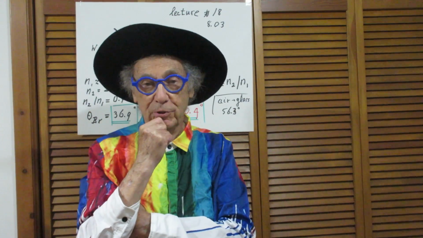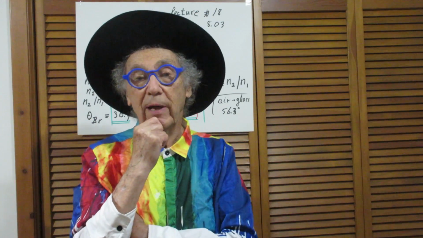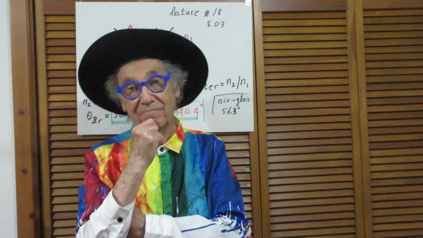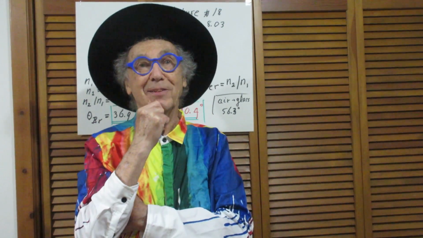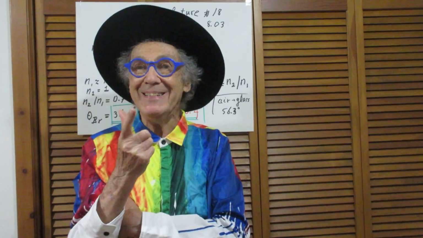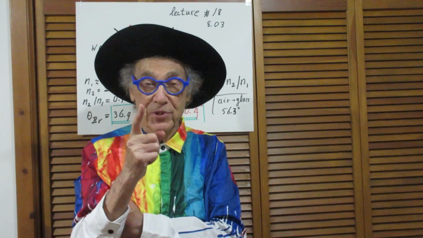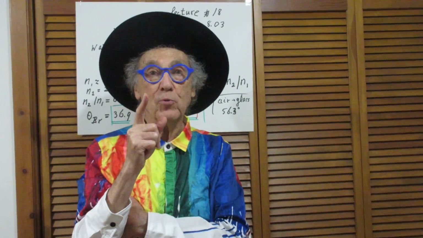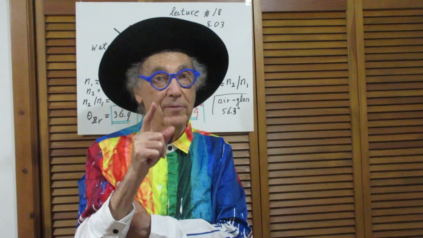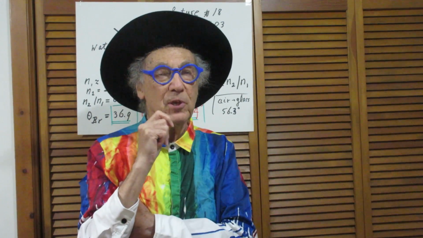So I do suggest you look at lecture 18, and get the best out of it. The best may be the demonstrations, but at least I want you to see that the Brewster angle can be derived from first principles, from Maxwell's equations.